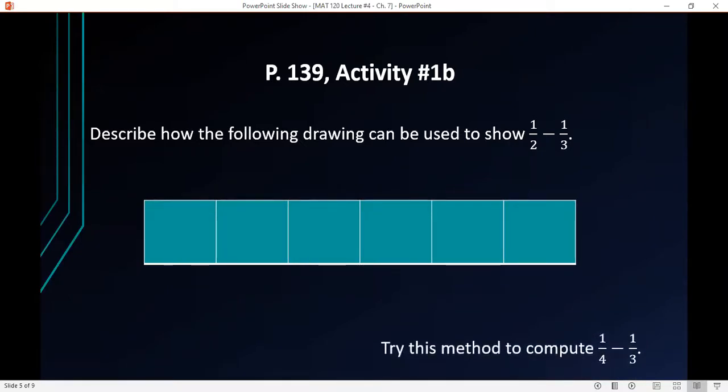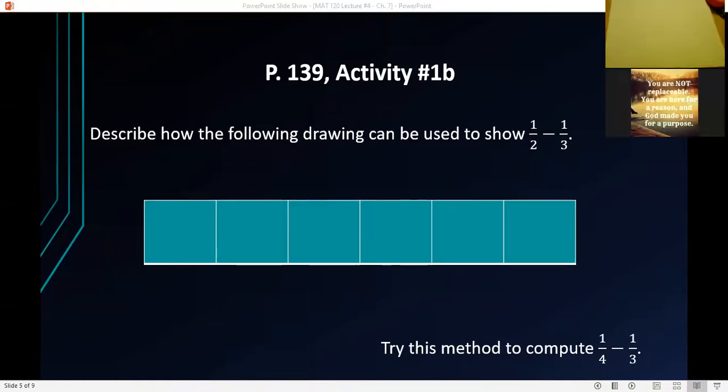So here's an example using that box structure. You're trying to figure out 1/2 minus 1/3 right now.